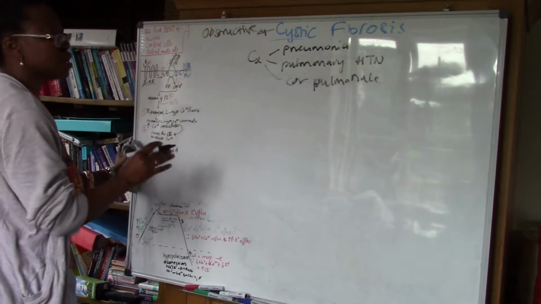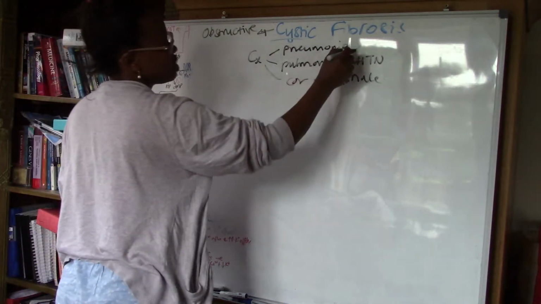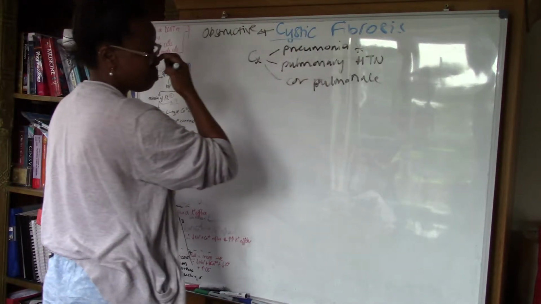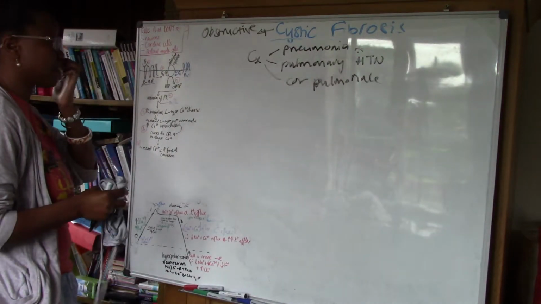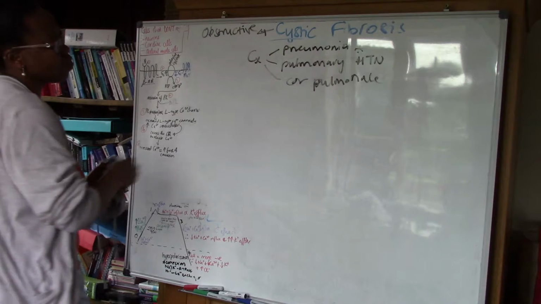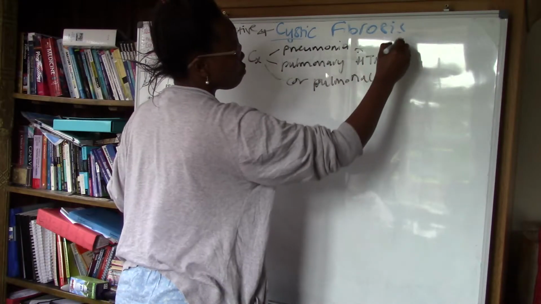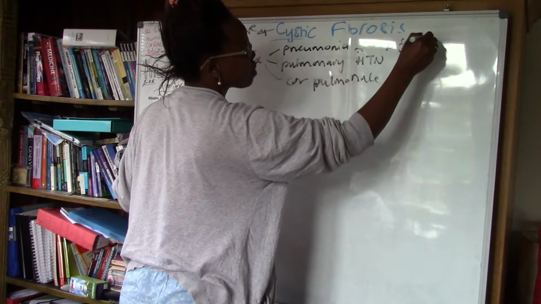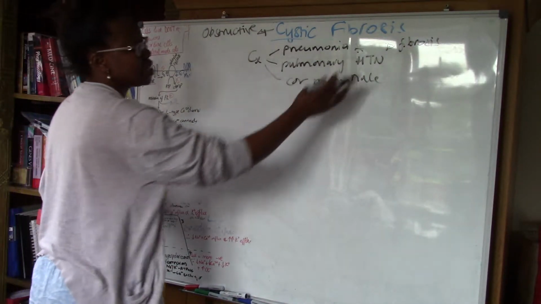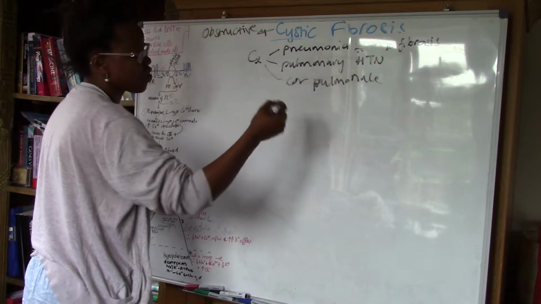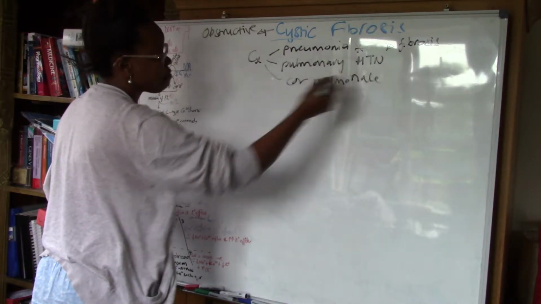And all of these, particularly constant pneumonias and constant infections, really lead to a lot of fibrosis because of the inflammation that occurs, and just lead to deterioration of lung function.